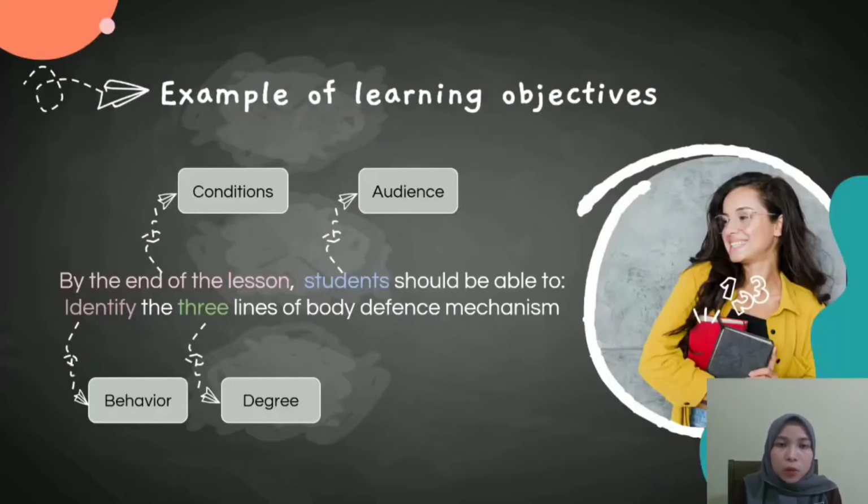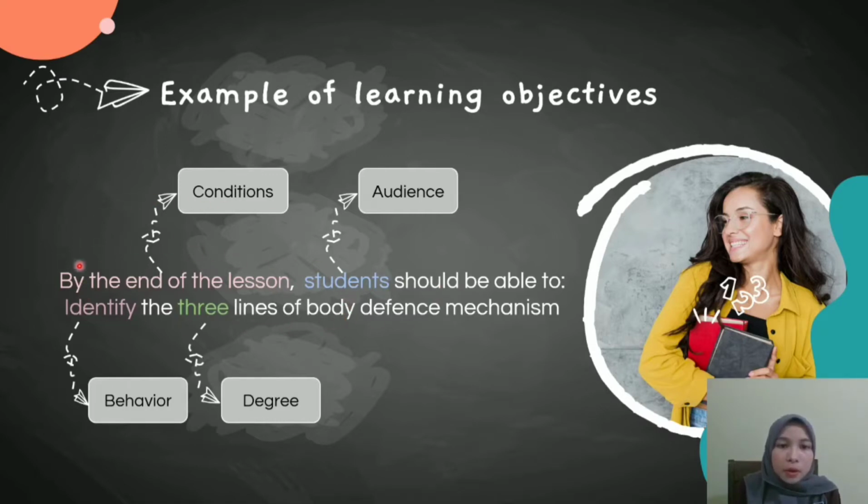Okay, so I will give you an example of a learning objective, which is based on the ABCD technique. So this is an example of the learning objective. By the end of the lesson, students should be able to identify the 3 lines of body defense mechanism. So, a learning objective always starts with the words by the end of the lesson.